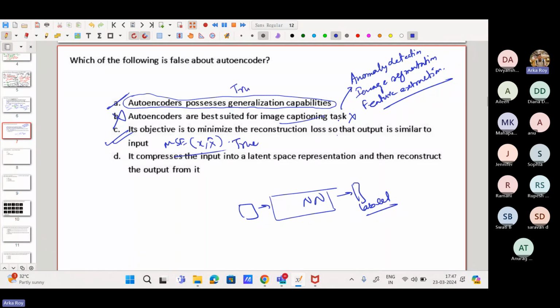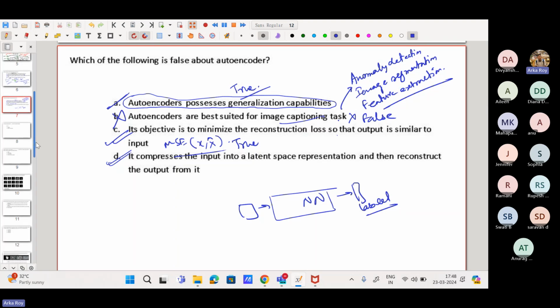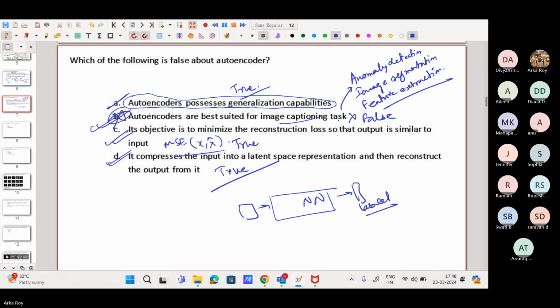Option D is it compresses the input into a latent space representation and then reconstructs the output from it. I have told you multiple times, so I don't have to discuss this option again. This is also true. So option B is the correct answer, the false one.